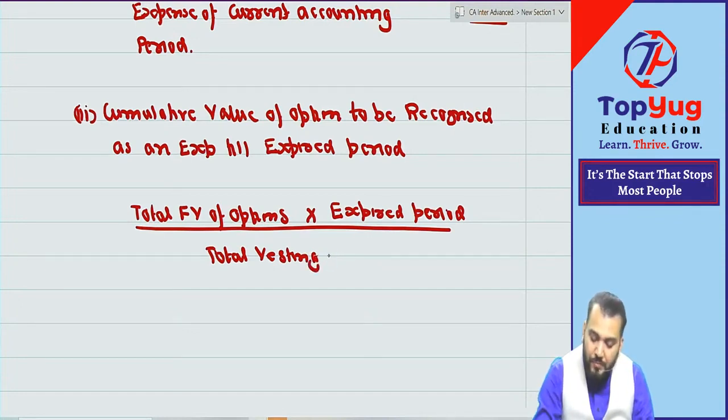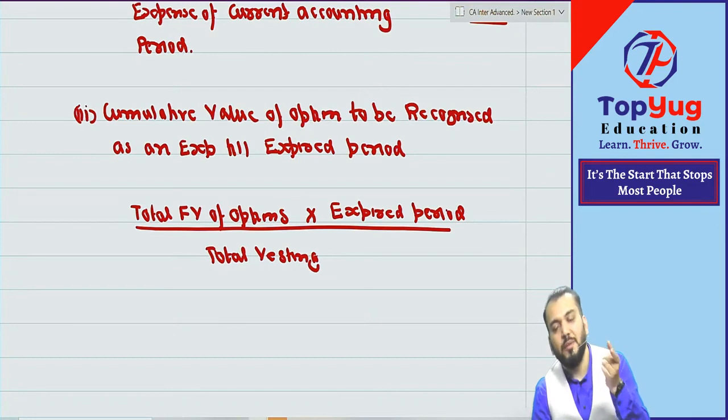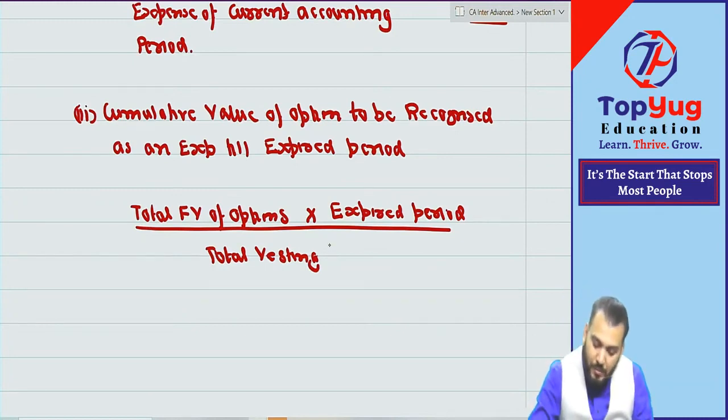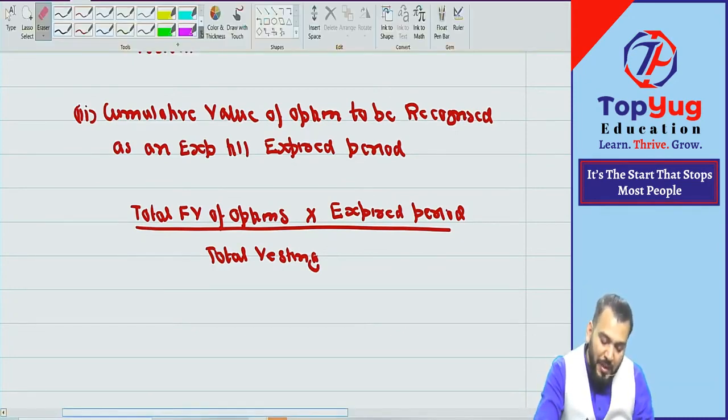This only we have done. You can see for 1 year we have done 1 by 3, for 2 years we have done 2 by 3, for 3 years we have done 3 by 3. Like this, the same thing I am saying. I hope you are understanding whatever I am writing now.